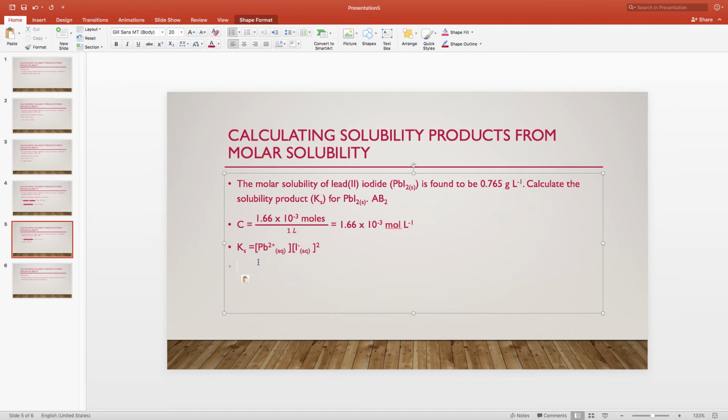Now we just need to substitute these values in. The concentration of the lead ions is exactly the same as the concentration of the solid that dissolved, so it's 1.66.